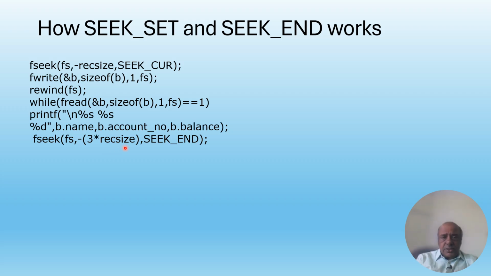So rec size gives the memory bytes, or the size of one record, minus 3 into one record, which will take the pointer from the current position at the end of the file to the third record prior to the file end.